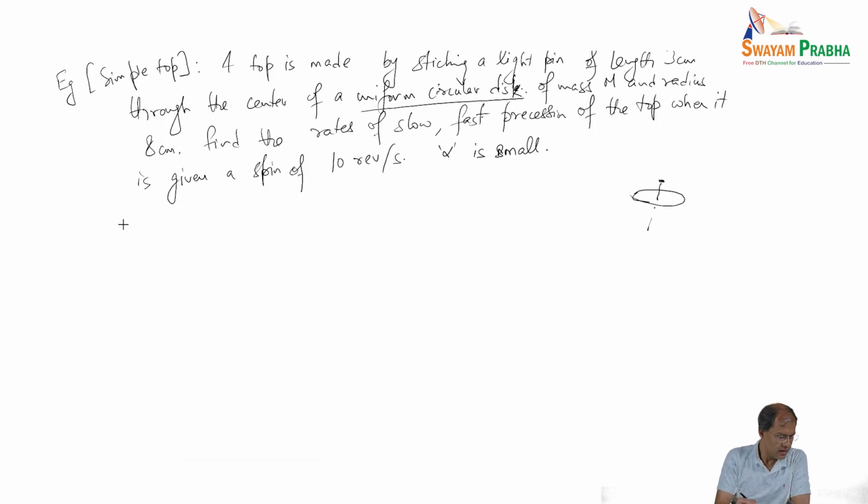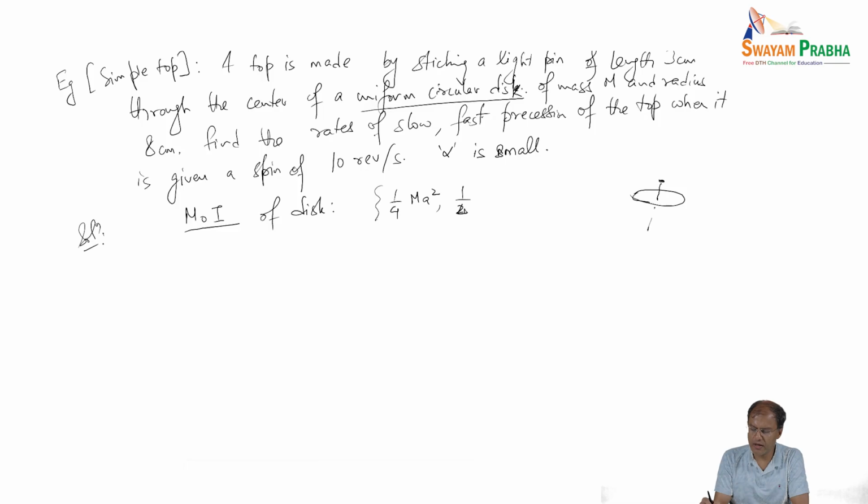We are aware that for the disc the principal moments of inertia are 1/4 ma square along any diameter, and along the perpendicular to the diameter it is 1/2 ma square, right?